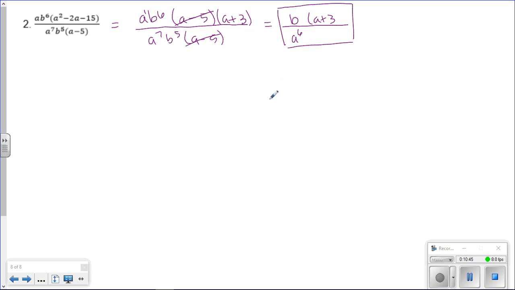The last thing you want to do is figure out what your restrictions are. Well, think about all your variables. So I have an a, a b, and I have a minus 5. So I would do a minus 5 equals 0. So a equals 5. So I know a cannot equal 5.